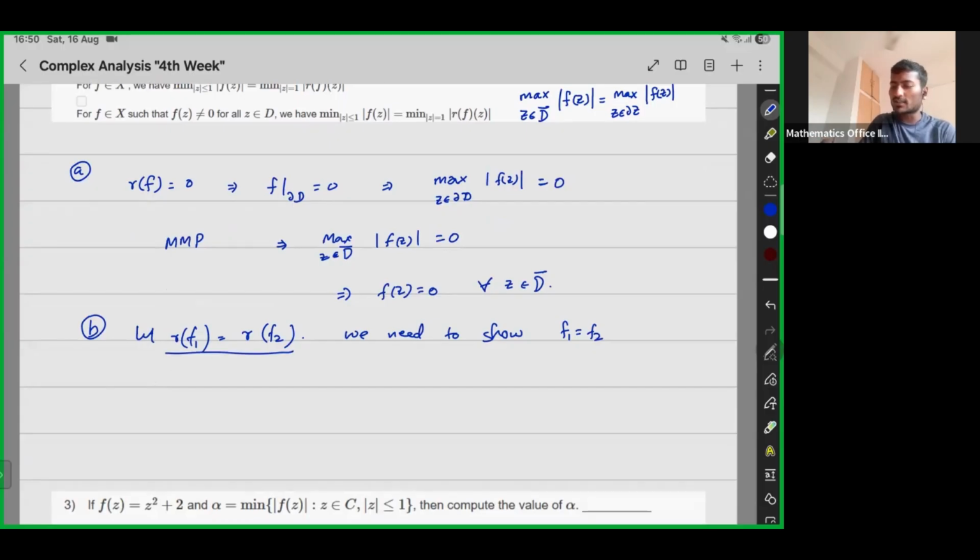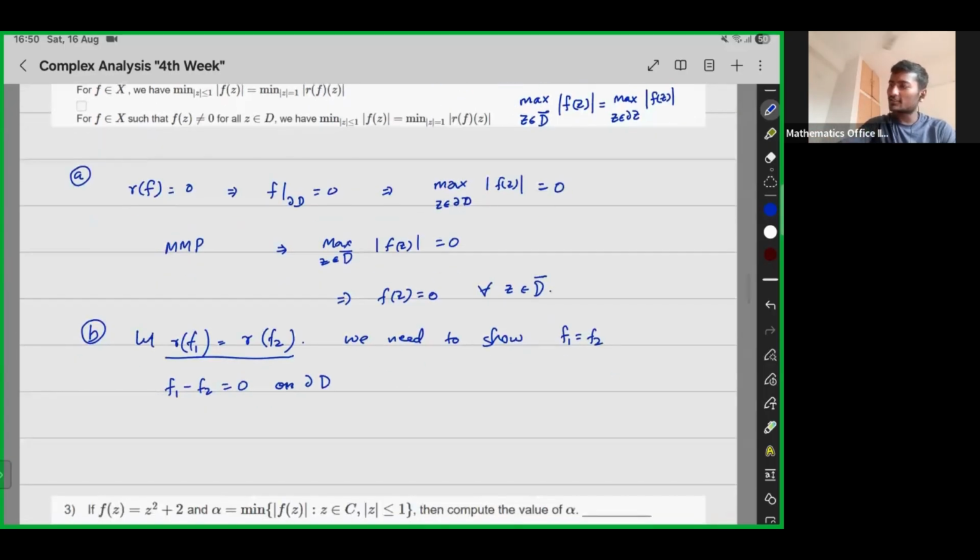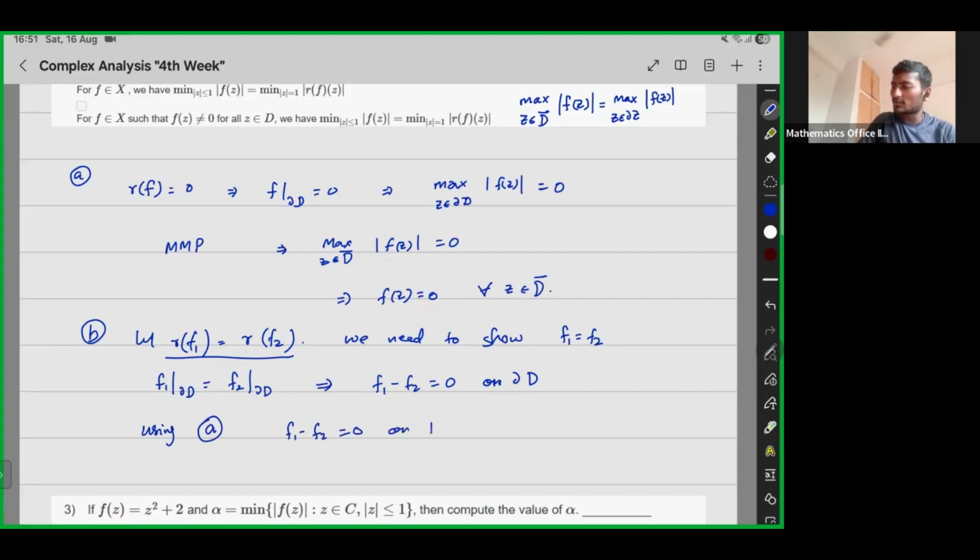Because these values are equal on the boundary, f1 minus f2 is equal to 0 on the boundary of D. You can write it in two ways: f1 restricted to ∂D is equal to f2 restricted to ∂D, and after this you write f1 minus f2, and these functions become 0 on the boundary. Now using part A, f1 minus f2 is equal to 0 on D bar. On the whole domain it is 0 now. This implies f1 is equal to f2.